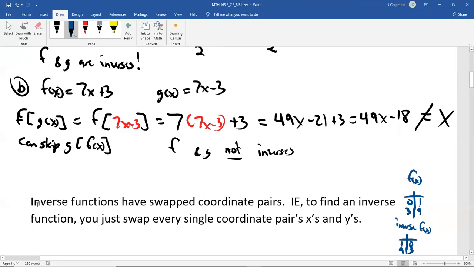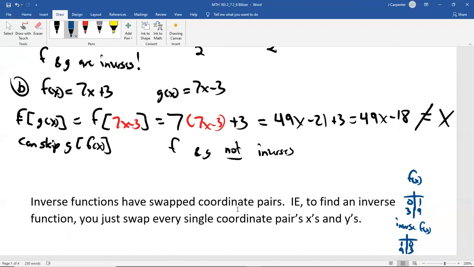Now, if I just give you a graph and you say, all right, well, I want to find its inverse, it doesn't always have an inverse. Just like all graphs aren't always functions, because they could fail the vertical line test. Well, all graphs don't always have an inverse function because when you invert it, that thing could fail the vertical line test.